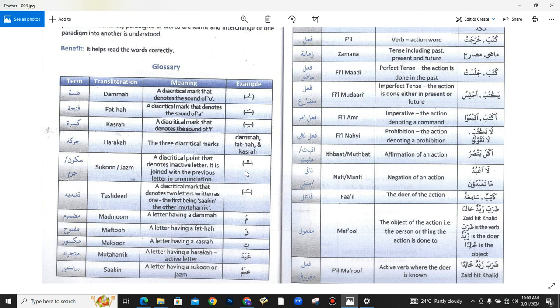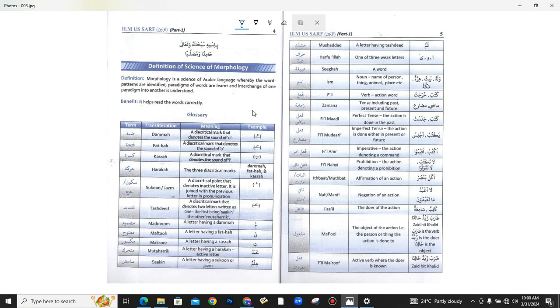So here let me give you an example. This is jazm. I would like to draw in order to make you understand better. Here there is ba. This is the second letter of the Arabic language. There is jazm or sukun. Sometimes this is written like this, sometimes they make it in a circle shape.